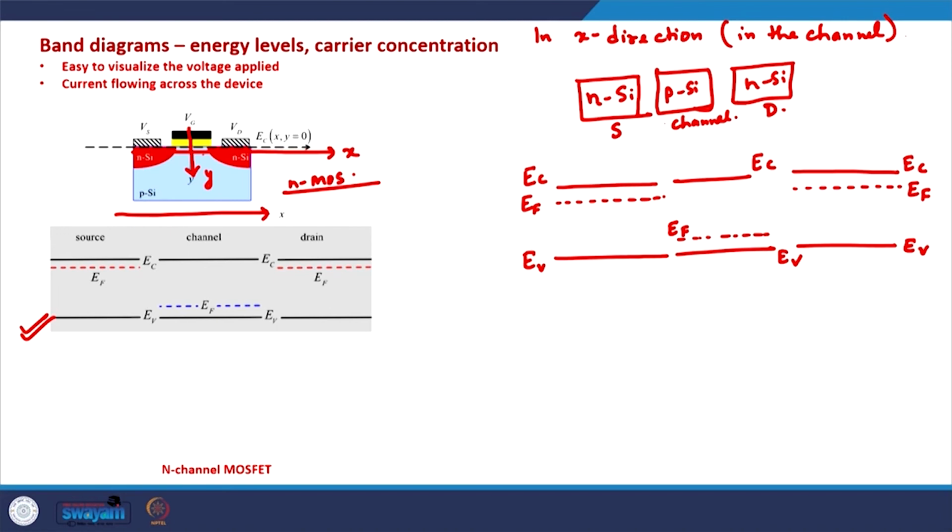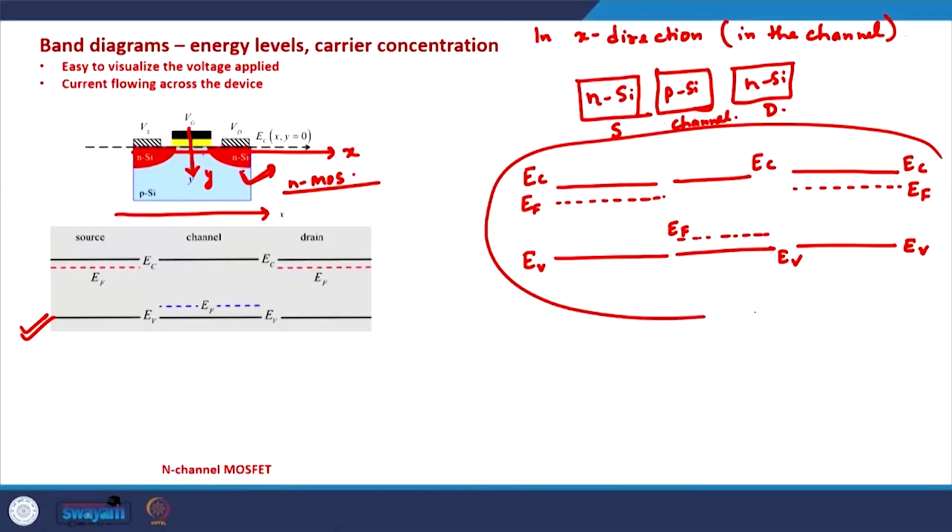When we make a MOSFET, when the MOSFET is fabricated, these three regions are joined. In that case, just think how this band diagram will look like when N silicon, P silicon and N silicon are joined with each other, when the source, channel and drain are joined with each other.